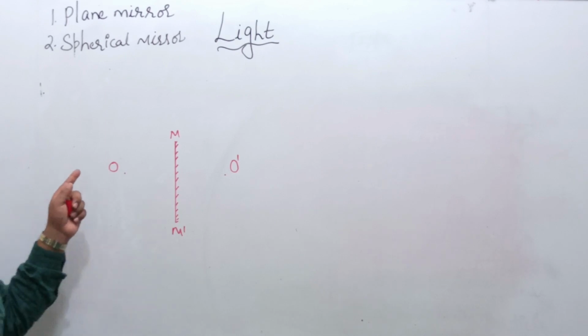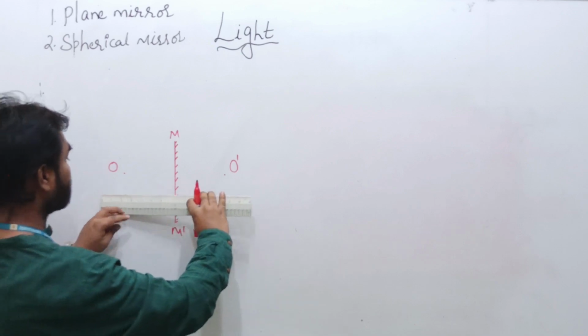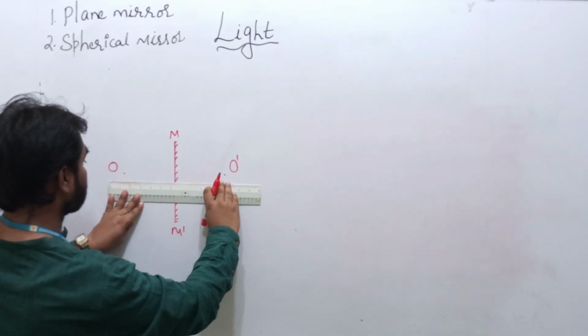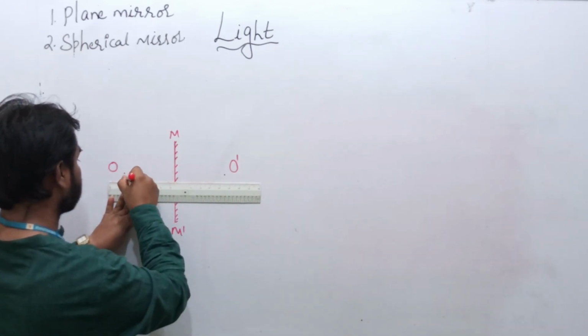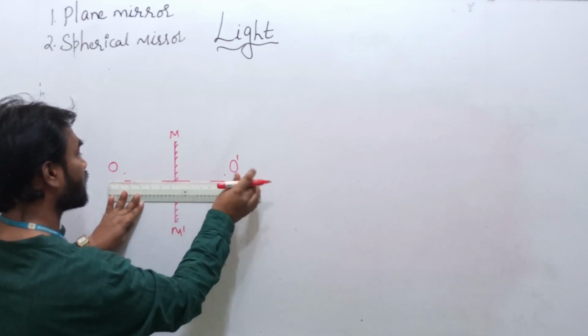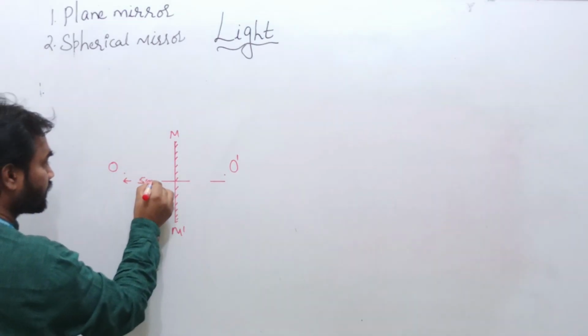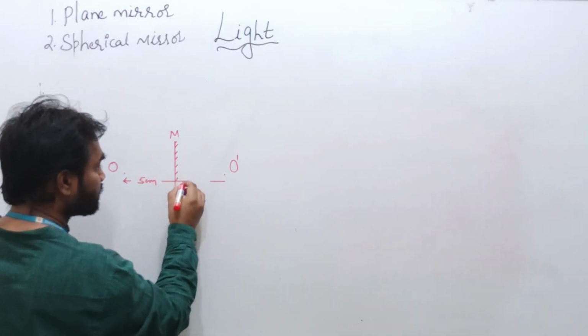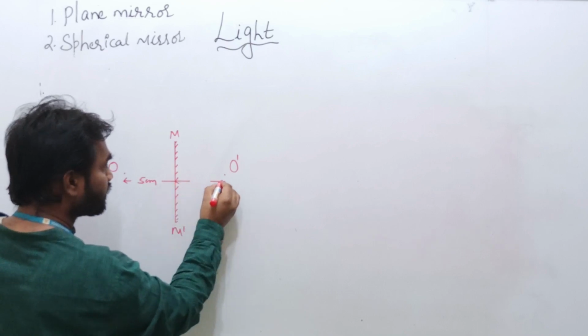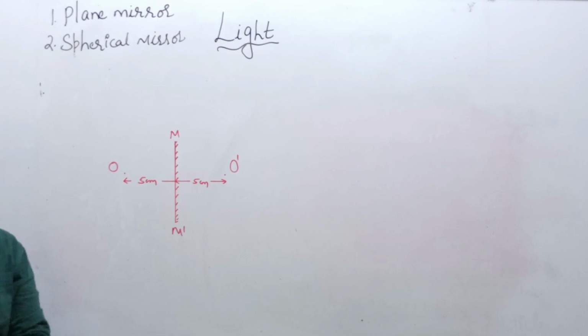Is that clear? If the object is at a distance of 5 centimeter from the mirror, the image distance will also be the same. So the image will also be at a distance of 5 centimeter.